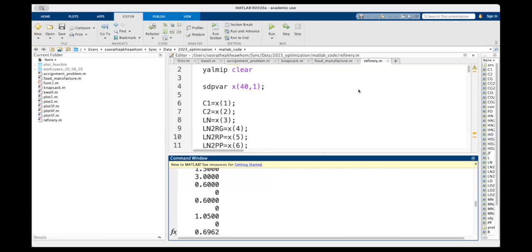I think this week we're going to finish the mathematical programming, and then we move to the algorithms of optimization. Different, of course. What we're doing now is just mapping the real world problem to an optimization problem, right?